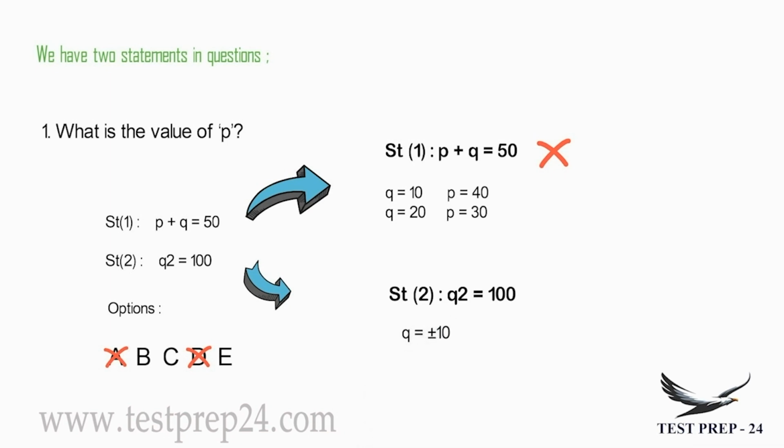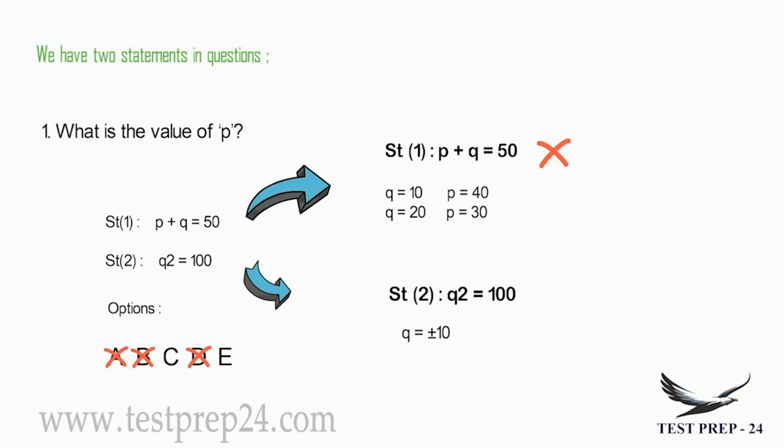If you look at the question, it was asking what is the value of P. But the statement hasn't discussed anything about P. It was just giving information regarding Q. So based on Q, we do not know anything about P. That's why you can straight away eliminate option B. Whenever you are looking at statement 2, stick to statement 2 alone. Do not mix statement 1 with statement 2. This is one of the common mistakes made by a lot of students.